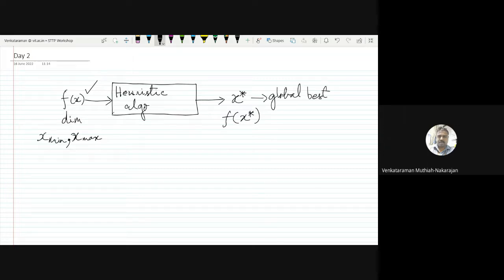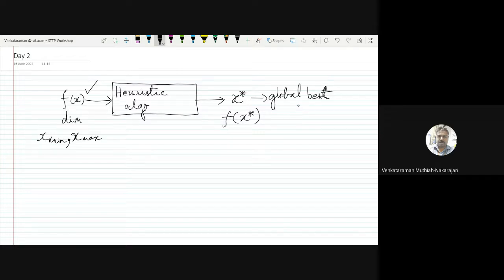In ideal conditions, the heuristic algorithm must give you the global minimum, but if it gives an accurate answer close to the global minimum, that is also okay. You should also evaluate the value of the function at the global best that you have obtained out of the heuristic algorithm.